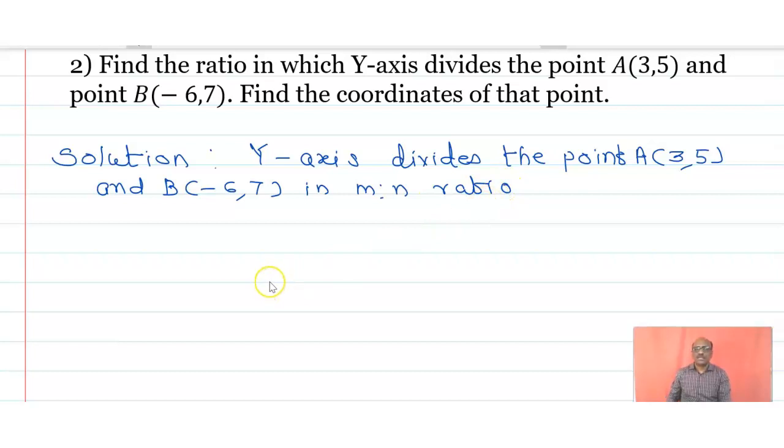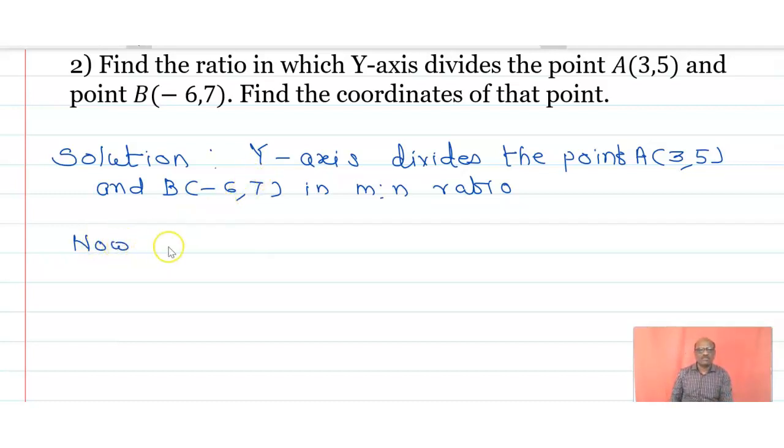रेशो या रेशो मध्ये y ऍक्सिस काय करतो तर त्या AB ला डिवाइड करतो. नाउ पॉइंट ऑन द y ऍक्सिस that is a point on the y-axis, that is a x coordinate on the y-axis काय असणार तर 0 असणार आहे.